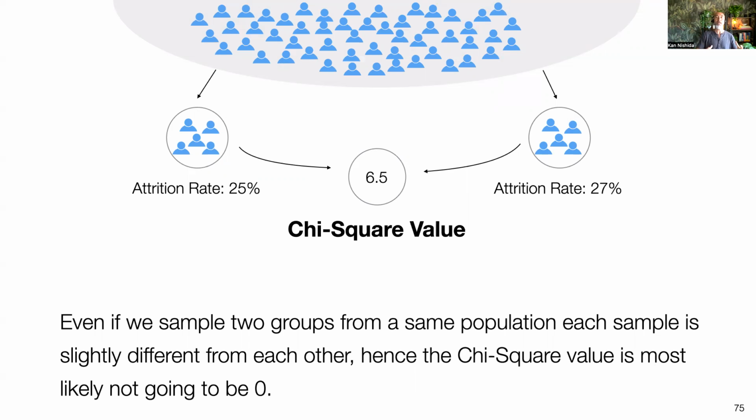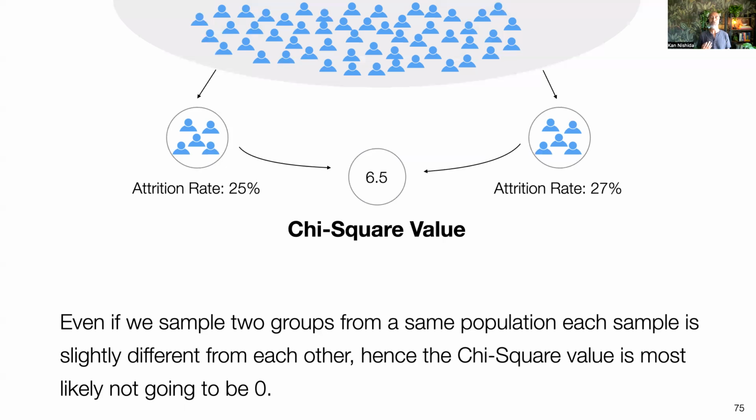But let's simplify and take the same people. We have the overtime people, all the people that work overtime, and we take samples, say 100 people and another 100 people, then we calculate the attrition rate. It would be different because we randomly choose the people, and data varies in the real world.